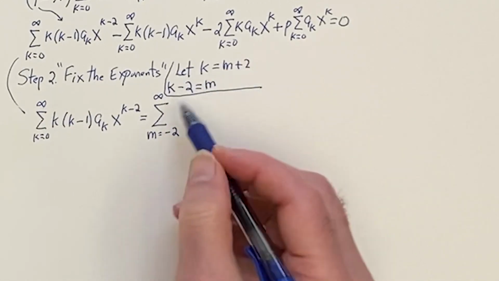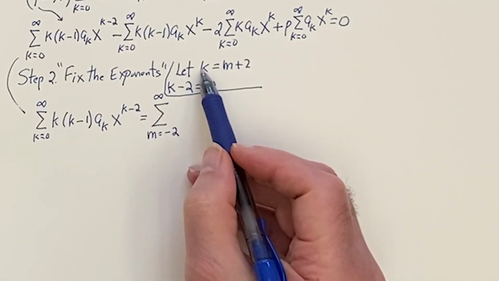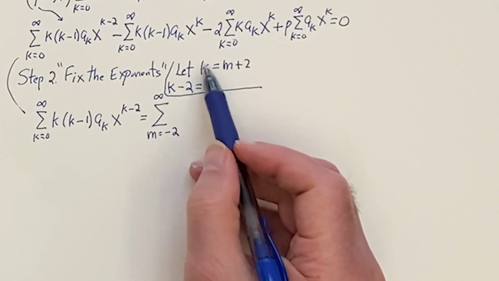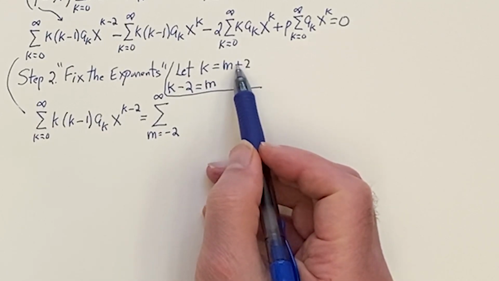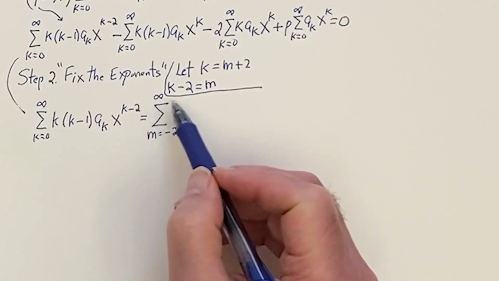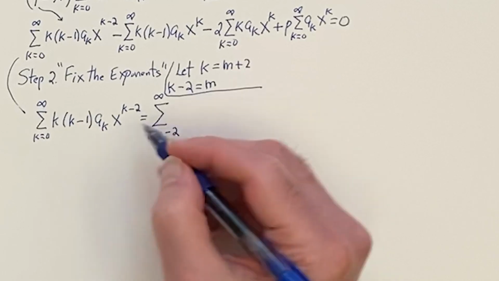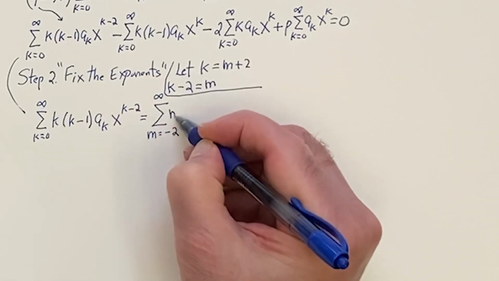All right, so let's look at that again. K is equal to 0. Well, if k is equal to 0, then m plus 2 is equal to 0, and that means m is minus 2. At infinity, if k is infinity, m's infinity, not a problem. So what is k? K is m plus 2.